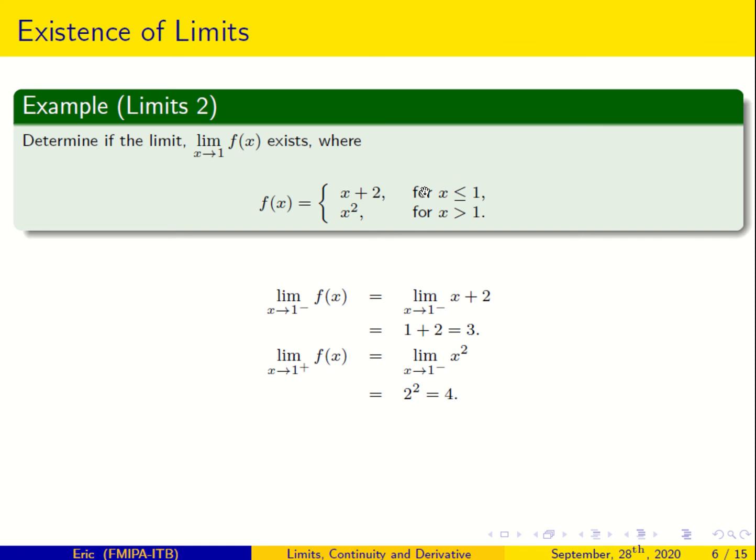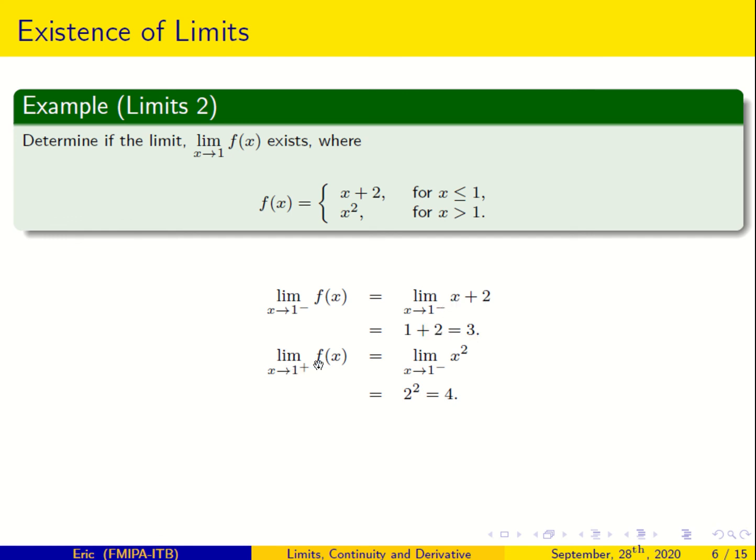Left of 1 is this one, so I have to substitute using the first rule. This is the same as the limit as x goes to 1 minus of x plus 2. It's a good function, so I can just substitute. This is 1 plus 2 equals 3.